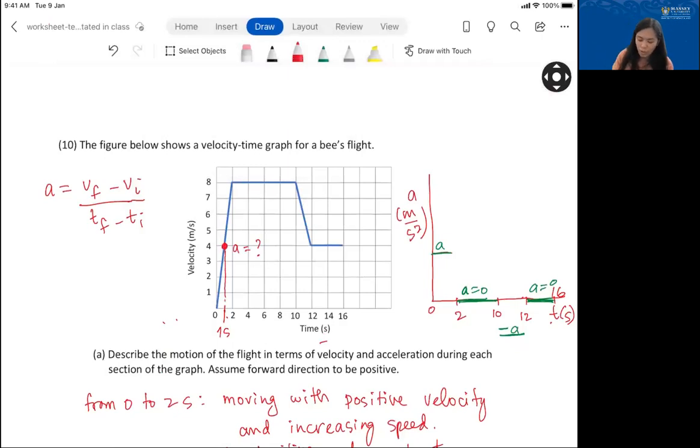Right. So yeah, we need at least 2 points to find the acceleration. And that's where we need to draw a line that's tangent to this point where we want to find the instantaneous acceleration. Okay, and if your instantaneous acceleration falls on a straight line, then the tangent is the straight line itself.